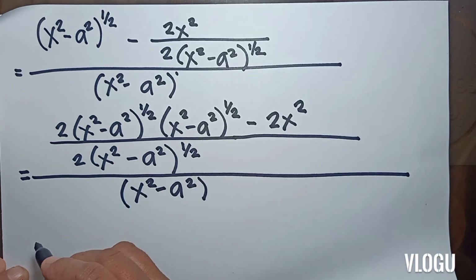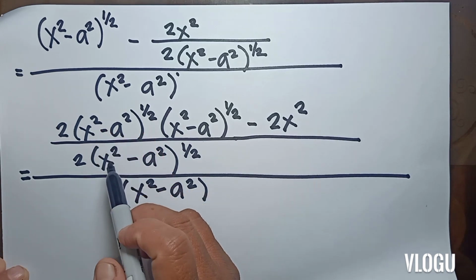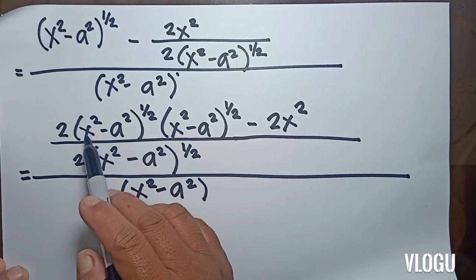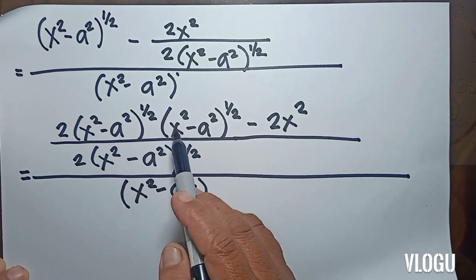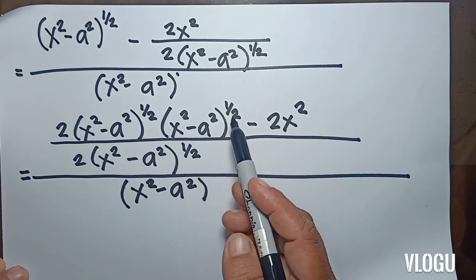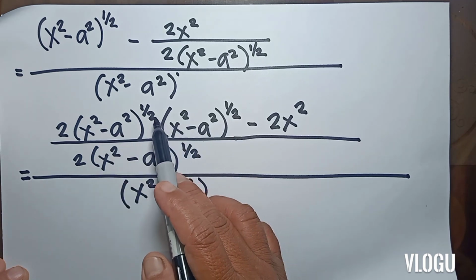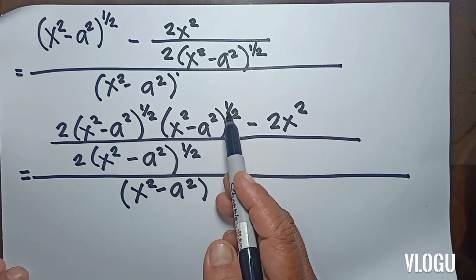Since you have the same base, x squared minus a squared, when you have the same bases you add the exponents.